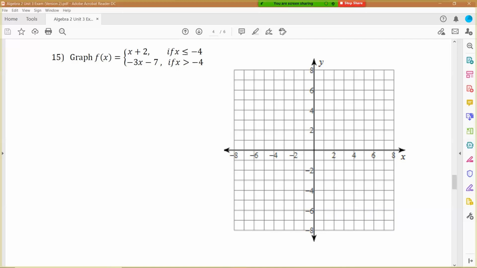So for this, we have our constraints over here at the right. For any x value that's less than or equal to -4, we're going to calculate x plus 2. So I'm going to make an xy table. I want any number that's less than or equal to -4. The first number I'm picking is -4. -4 will have a closed circle because it's or equal to. Then any number I pick that's less than -4, I could do -5, -6.